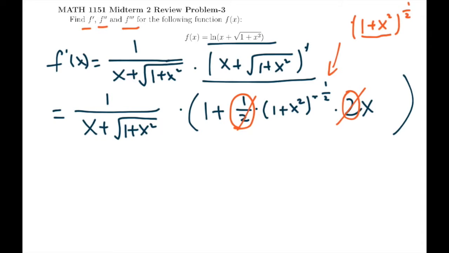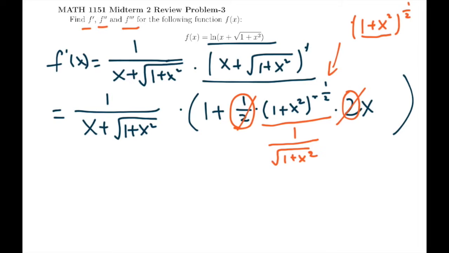They can be cancelled, and then we can rewrite this middle part, 1 plus x squared to the power of negative 1/2, as 1 over square root of 1 plus x squared.